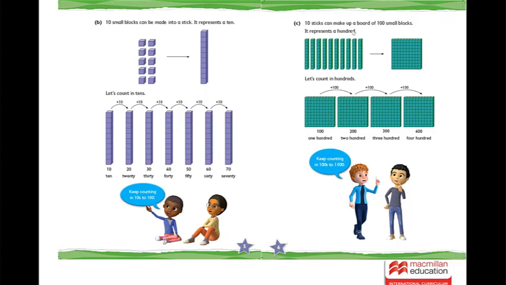10 sticks can make up a board of 100 small blocks, and you can see how we're linking the visual representation to numbers. 100 is this block of 100. 10 is this stick of 10. This is one block.